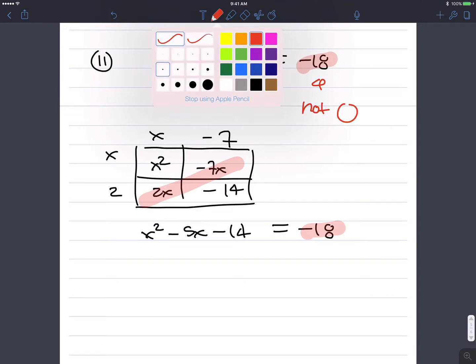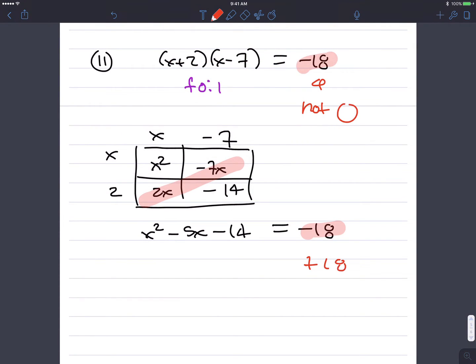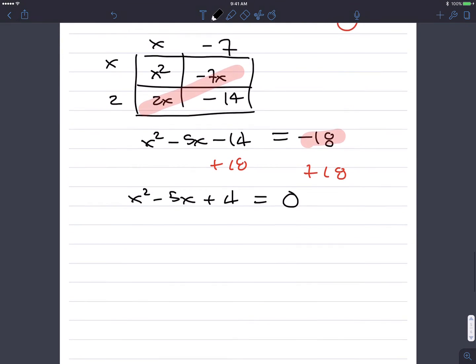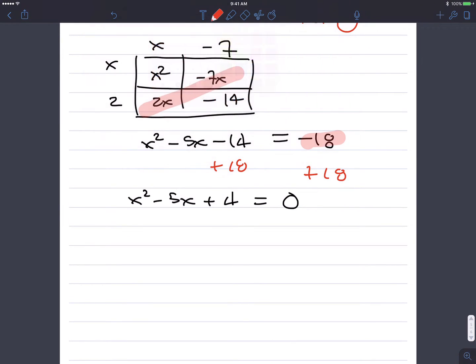What we're going to do now is add 18 to both sides. I get x squared minus 5x plus 4 equals 0. What do you guys use now? You're going to factor.